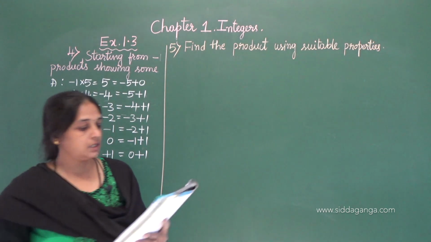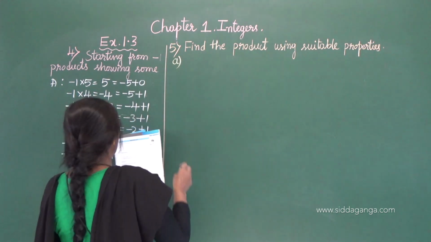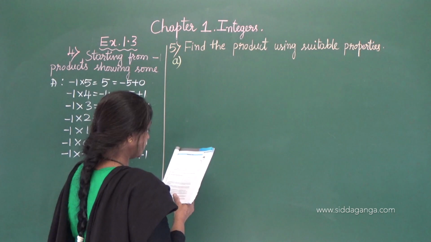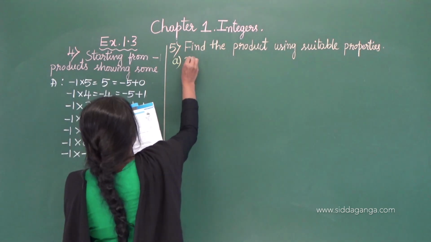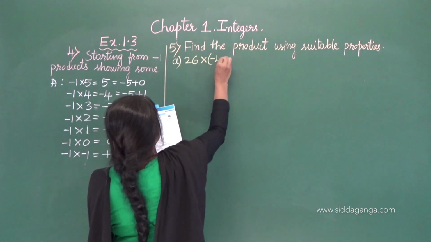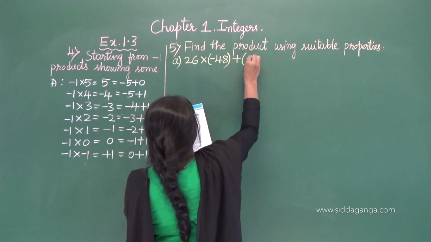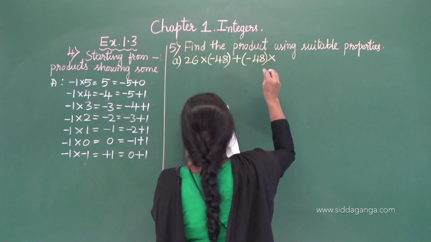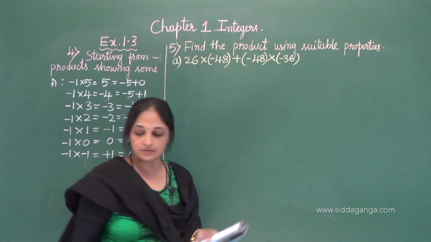Here the first one. So I do few for you and you have to do some other problems. Okay, first one, it is 26 into minus 48 plus minus 48 into minus 36. This is the first one.